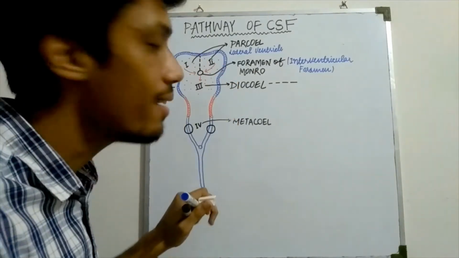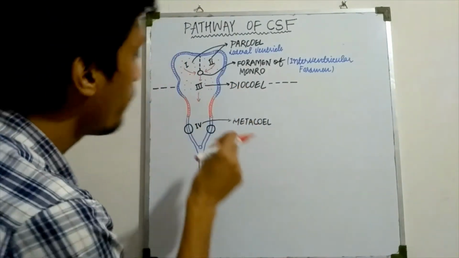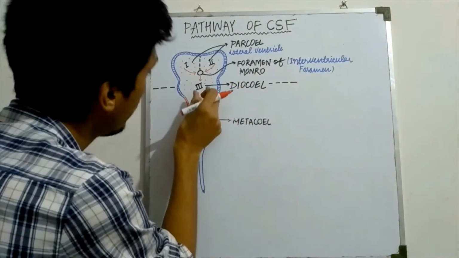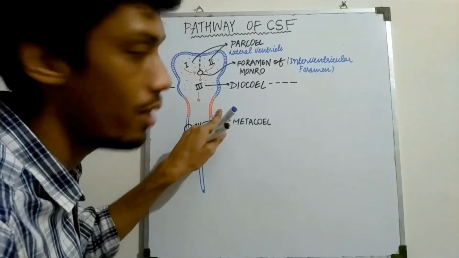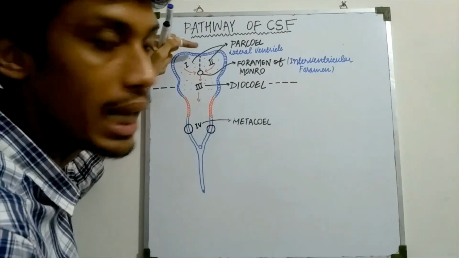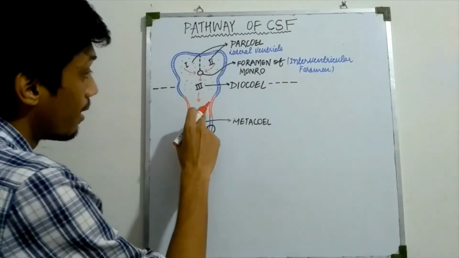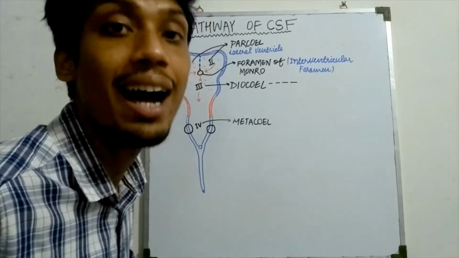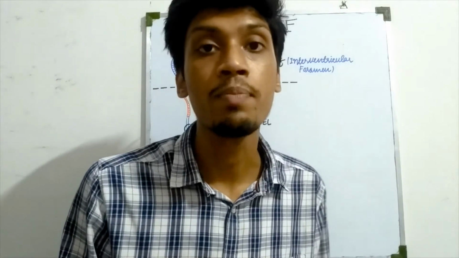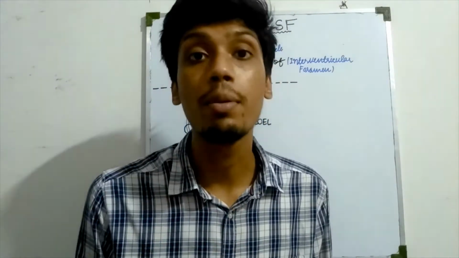And now from diacele it moves to metacele through a particular structure. This particular pathway is shown with a red outline. This blue outline is the outline of the ventricles of the brain, but this red outline is another pathway, which is known as iter, or the duct of Sylvius, or cerebral aqueduct.